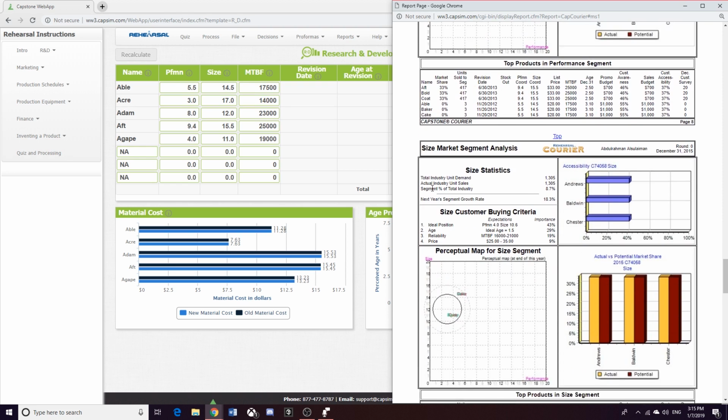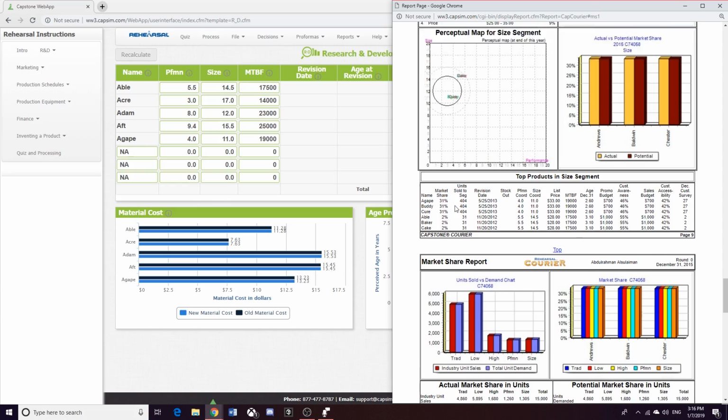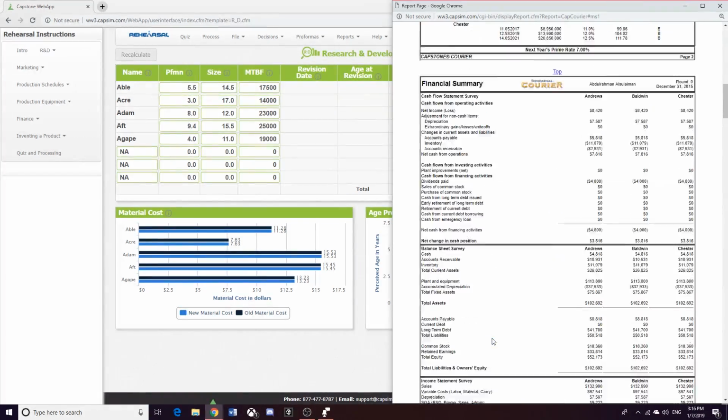And in the size segment, Able has 2% market share, and it sold 31 units. But still, again, the segments are going to shift far from each other. So in the next round, Able is probably not going to have market share in the other markets, most likely.